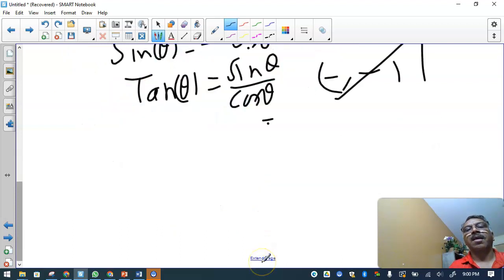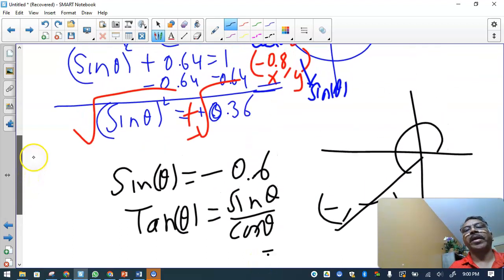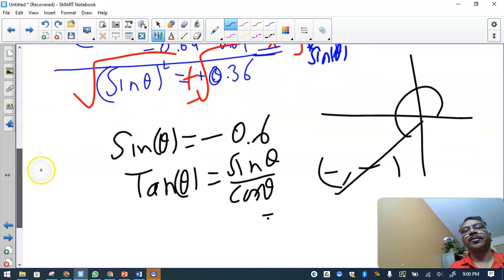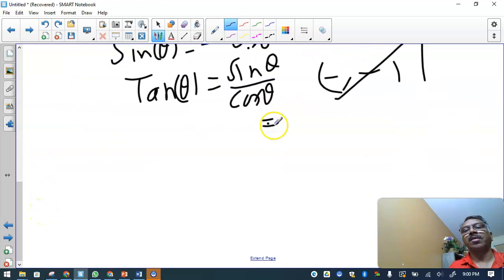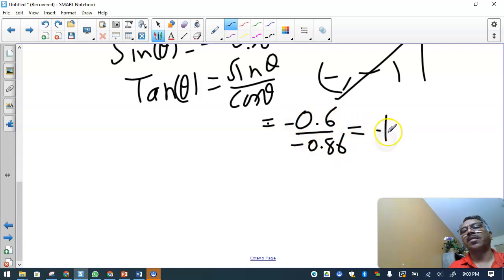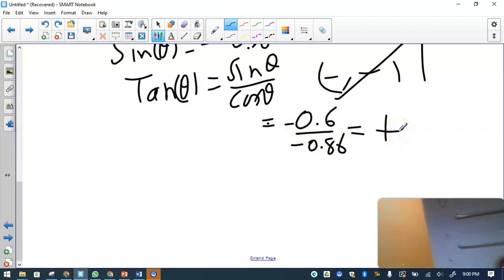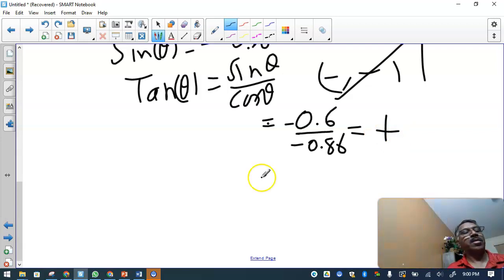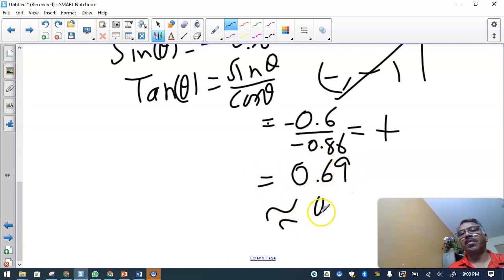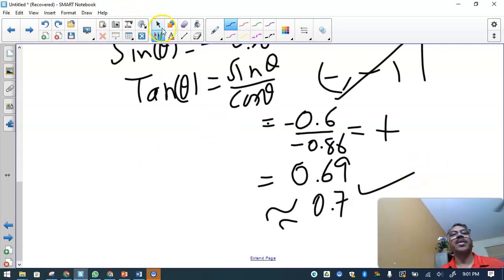Sine is minus 0.6 and cosine is minus 0.8, so both minus, and you get positive. 0.6 divided by 0.8 gives 0.75, and I can round it to 0.7. Right? So this is all I'm supposed to do, even though there are many of them.